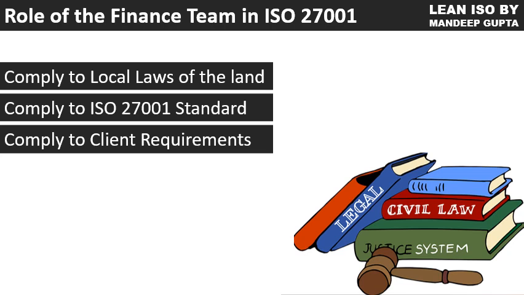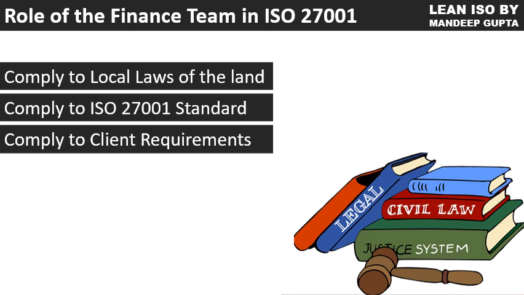For example, audit: what to do with the audit report, who will take action, what is the process to handle the audits in the finance team. There is a separate process in ISO 27001, but for the finance team, how they will handle the audit process, who will handle the financial audits, who will handle ISO 27001 audits, who will have what kind of data, access matrix. So those standard guidelines, they have to maintain.